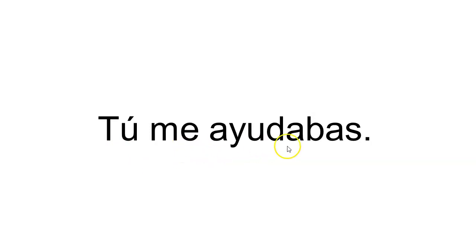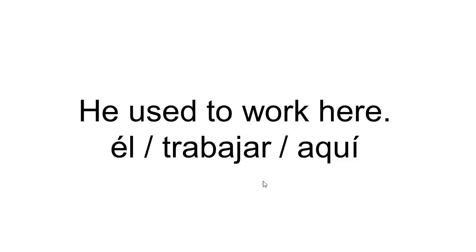Tú me ayudabas. Tú ayudabas, you used to help, and notice that the me we put before the conjugated verb instead of after like in English. So, tú me ayudabas. You used to help me. He used to work here. ¿Cómo se dice he used to work here?